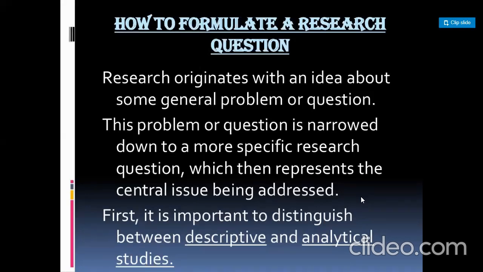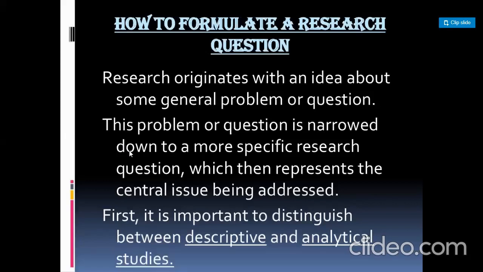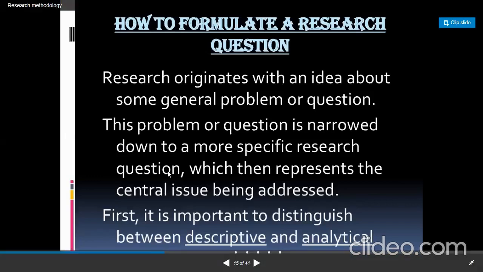Then you will go further: how many males are suffering, and so on, you are going to narrow down slowly. Then diabetes different types, type 1 and type 2. Then under type 1, insulin dependent, insulin non dependent. Likewise you are going to sort out your question, and ultimately you will be able to frame your topic.